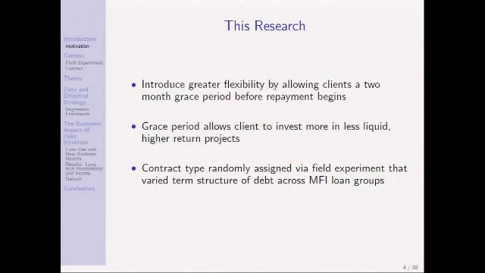So what we did in an experiment with a bunch of microfinance borrowers in India was to introduce a microfinance contract that involved greater flexibility. And it was a very subtle difference from the typical MFI contract. We simply introduced a 2-month grace period at the beginning of a 10-month loan.